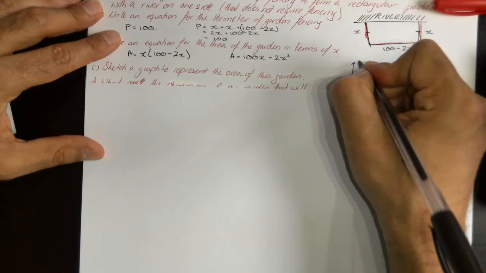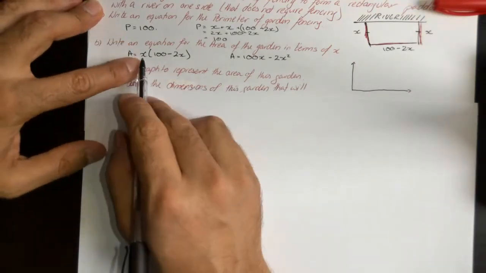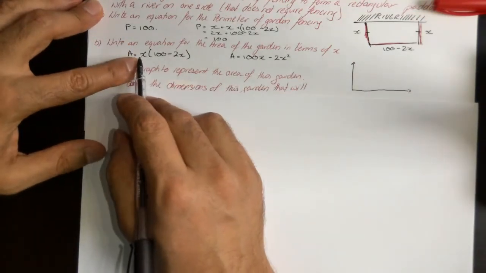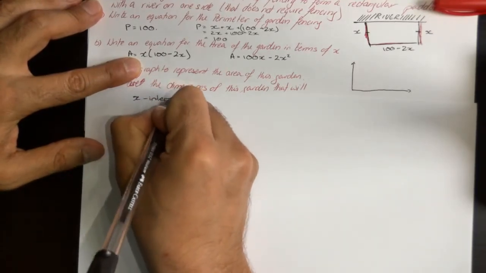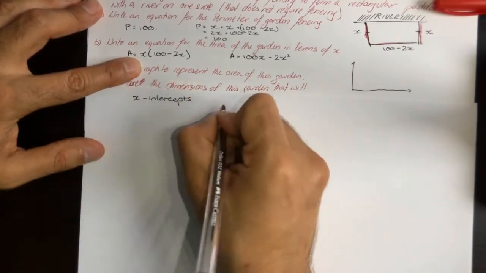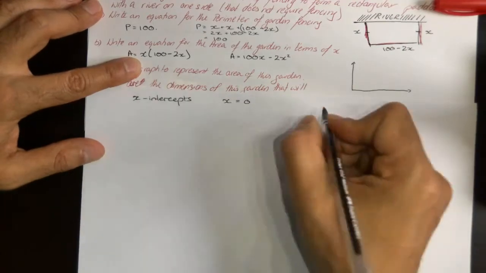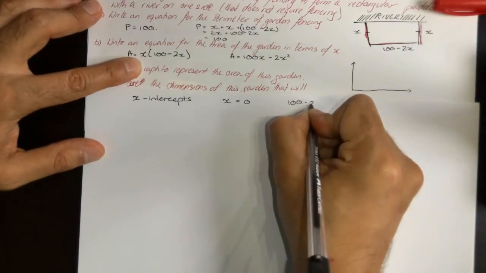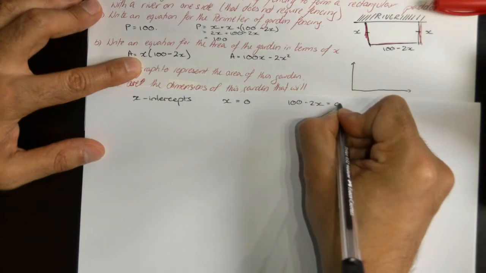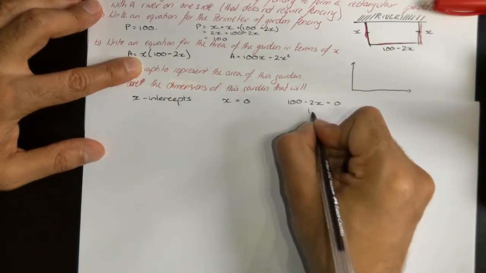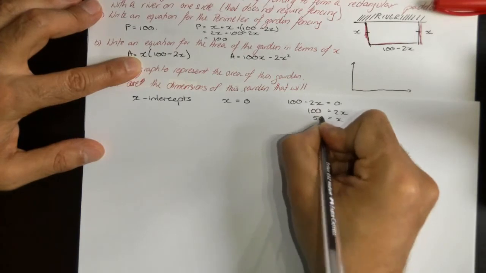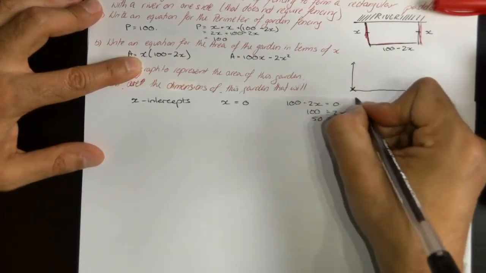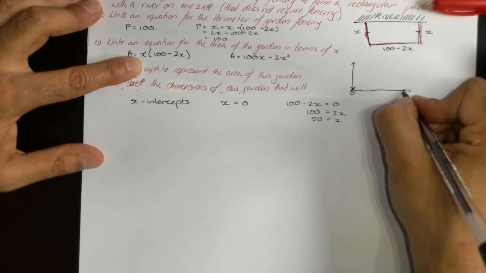Using this, we have our x-intercepts. We've got x is obviously equal to 0. We've also got 100 minus 2x equals 0. So that's 100 equals 2x, x equals 50. So we have this being 0 and up here being 50.